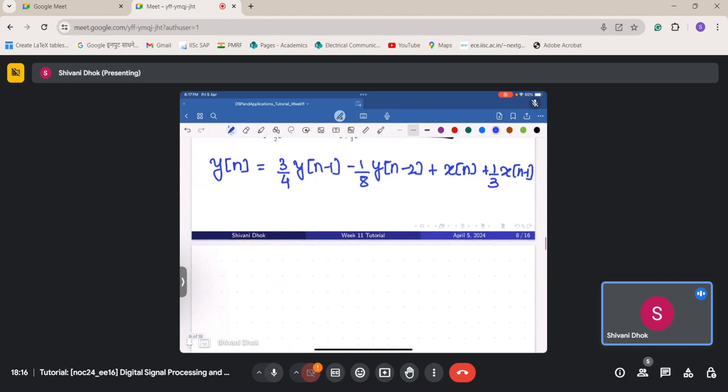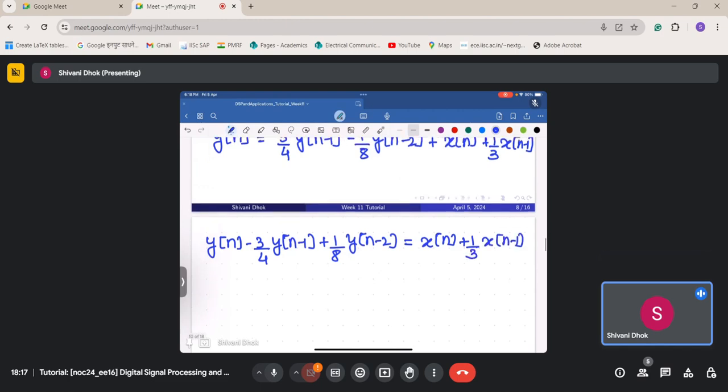Now what we will do, we'll take all the y terms to the left hand side. So we will have y of n minus 3 by 4 y of n minus 1 plus 1 by 8 y of n minus 2, which is equal to x of n plus 1 by 3 into x of n minus 1.